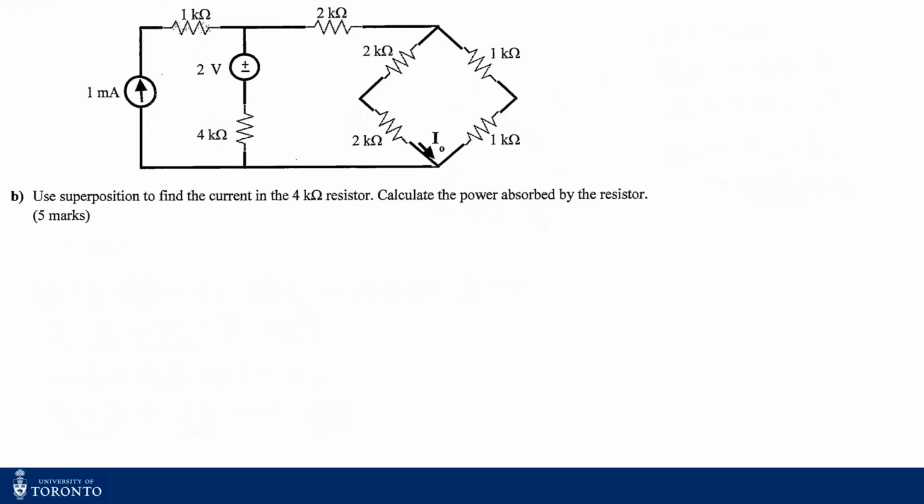Now for part B, they have asked us to find the current in the 4 kilo ohms resistance, which is this one, and the power absorbed by this resistor.